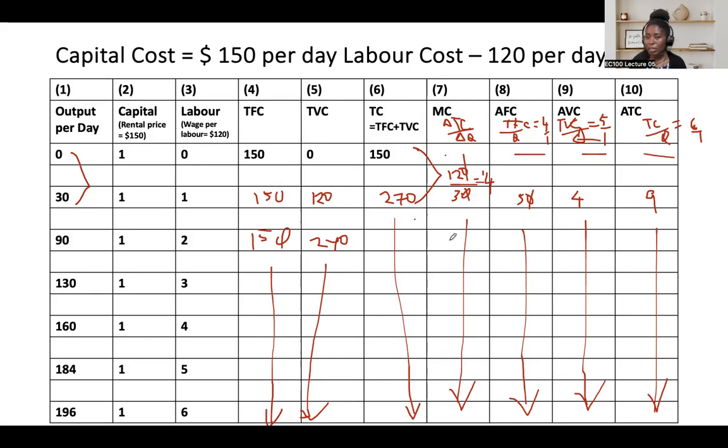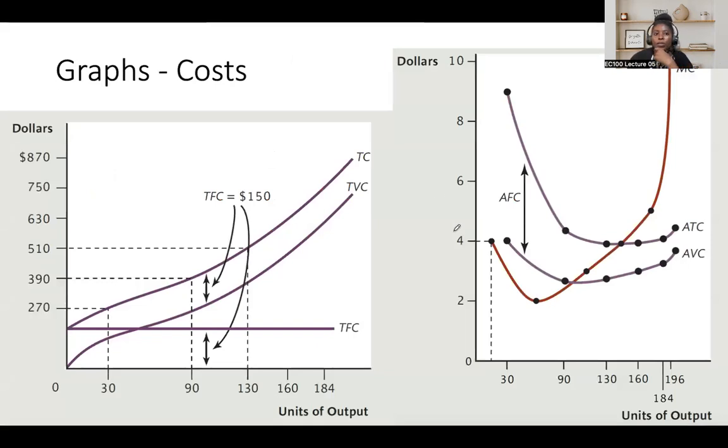So the next thing that I want you to do is to draw these curves. If we draw the cost curves, we're going to have something like this. Here our x-axis, remember, is now different from the product curves. Here we have output and costs, the dollar value versus the output.